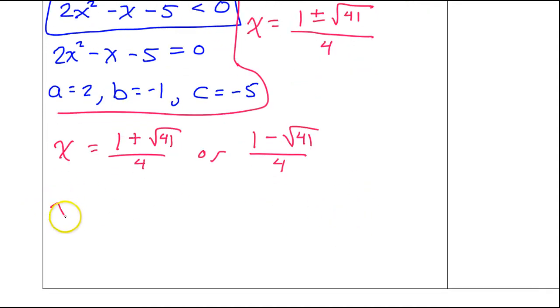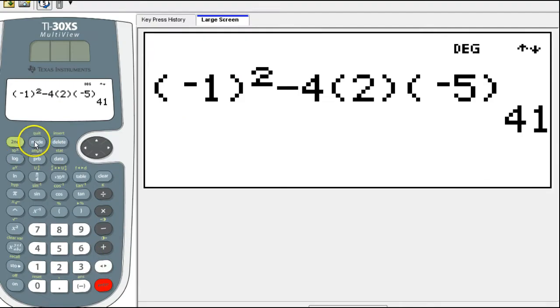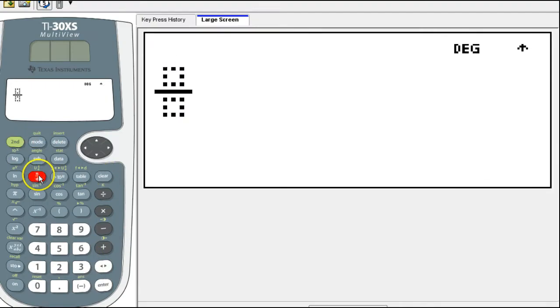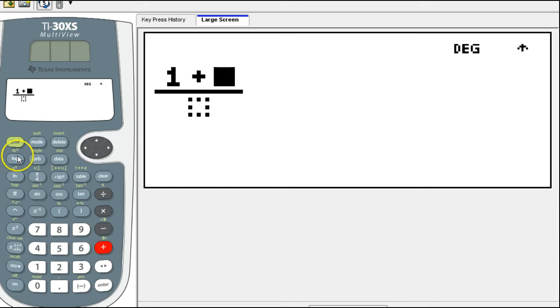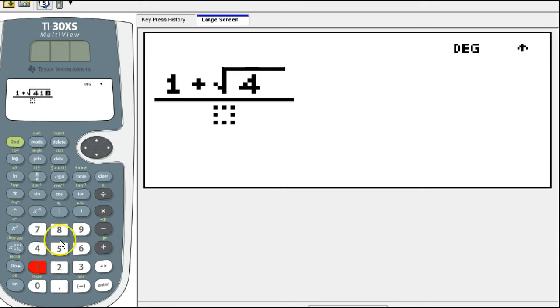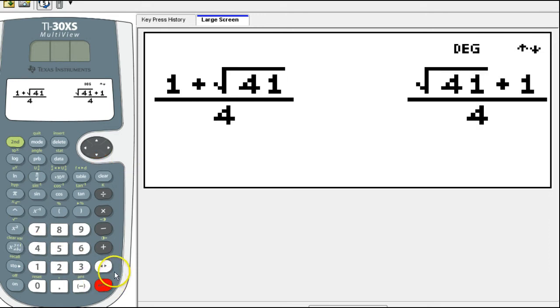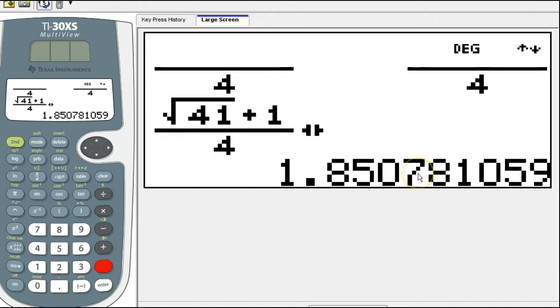Alright, so let's use our calculator to help us get two decimals, one for each of these. Okay, let's see, 1 plus radical 41 over 4. So fraction mode, 1 plus the square root of 41 over 4. Ignore that and just hit the toggle key to force a decimal. So let's do two decimal places.